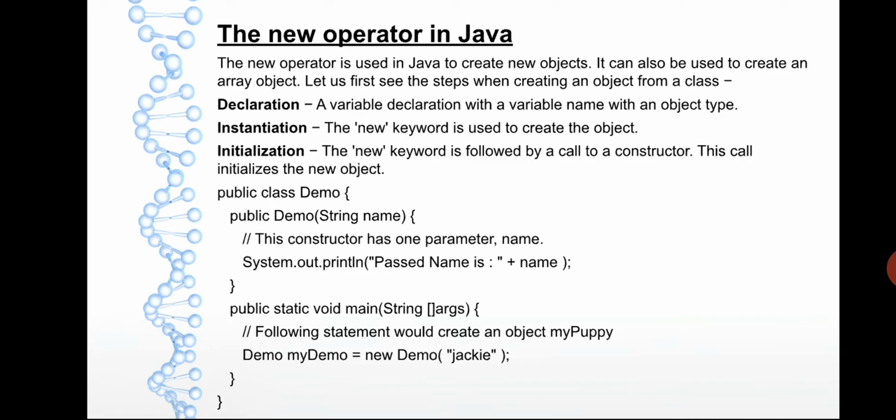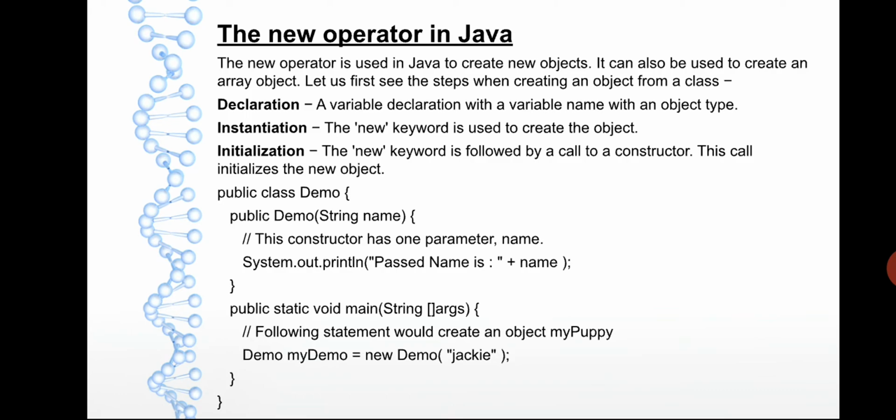Box myBox1 is just a declaration. myBox1 equals new Box with parentheses. So that new operator is nothing but instantiation. Using that new operator you are going to create the object.